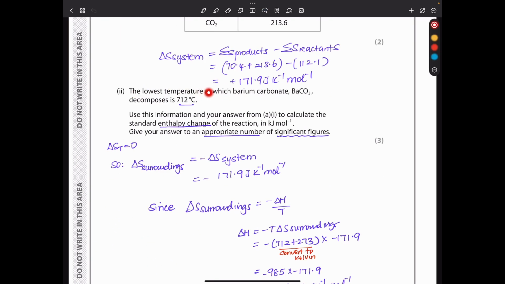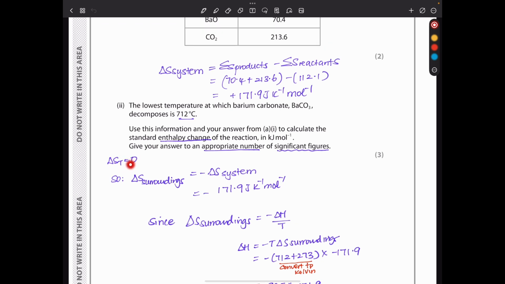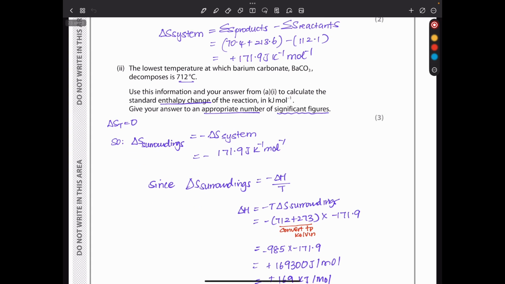So next they say the lowest temperature at which barium carbonate decomposes is 712. Use this information in your answer from A1 to calculate the standard enthalpy change of the reaction in kilojoules per mole. So ΔS total equals 0 at that temperature, so ΔS surroundings equals negative ΔS system. And since we have ΔS system, getting the negative of that, I get that.